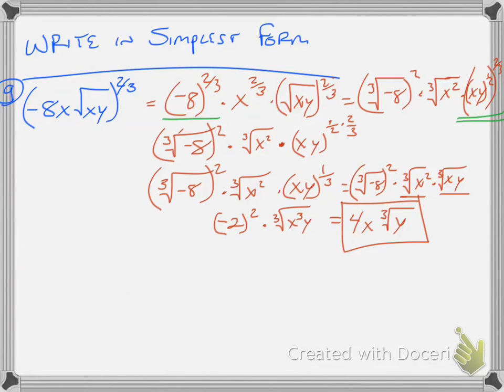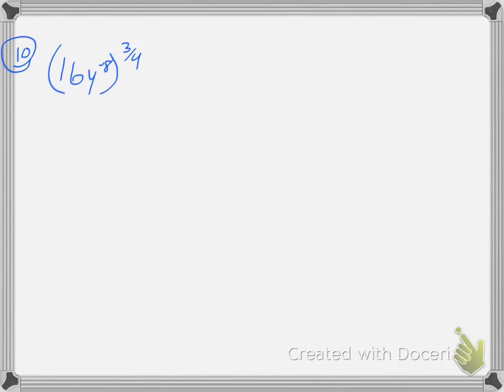I'm going to go ahead and move the next one to the next page. And again, I have a power of a product here, and what I'm going to do is this exponent is going to go to each term inside that parentheses, so that's 16 raised to the 3/4, and then y to the -8 raised to the 3/4.